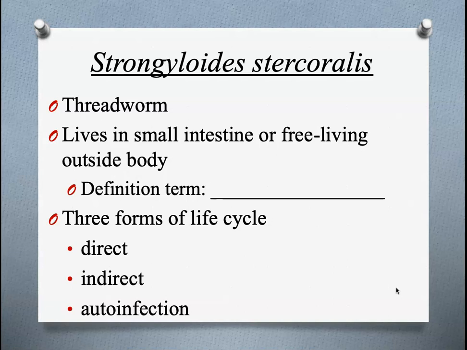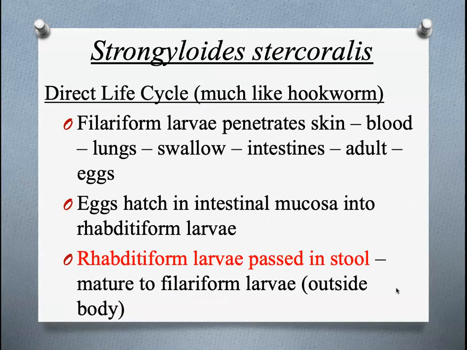There are three forms of the life cycle that we'll talk about: direct, which is very similar to the hookworms, indirect, which is the free-living phase, and then an autoinfection. Starting with the direct life cycle, you'll notice this looks much like hookworm. We have filariform larval penetration of the skin, usually the bottom of the foot.